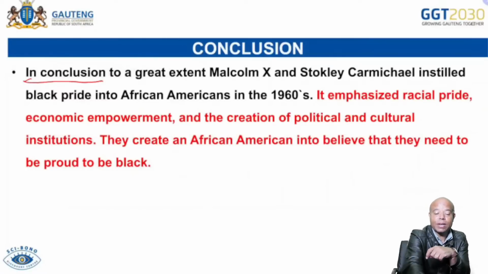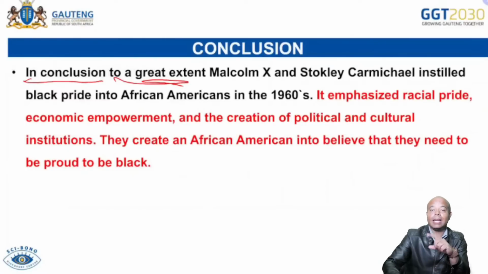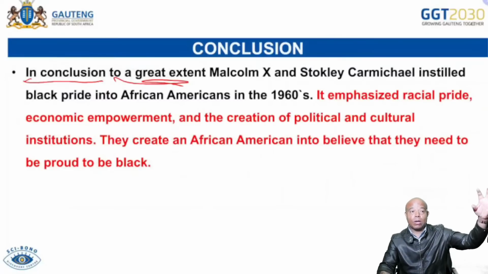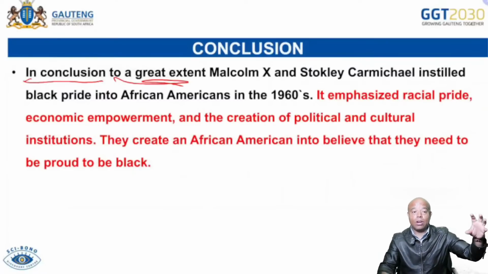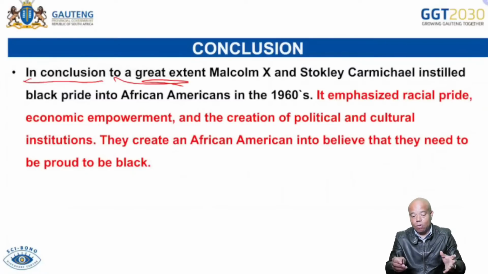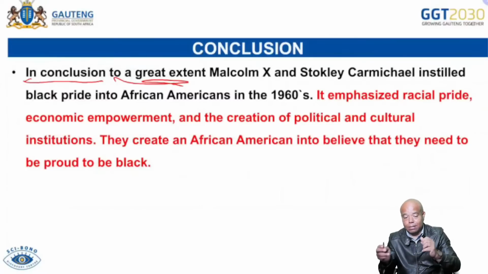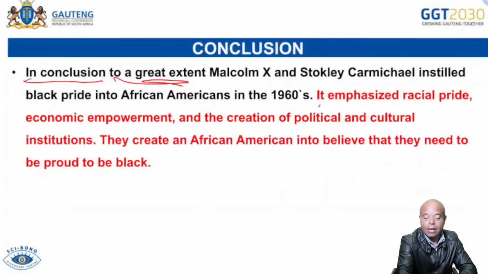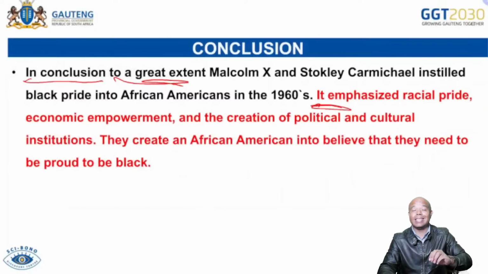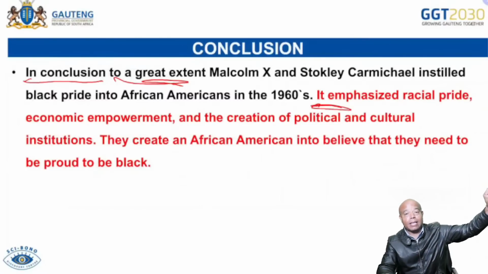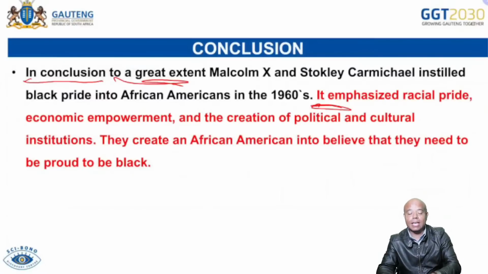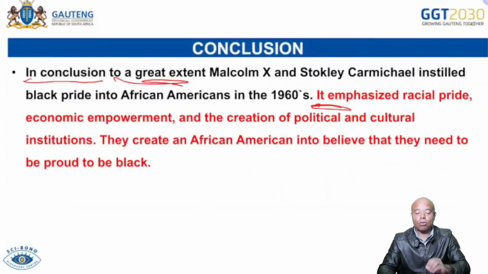But where did we revert back to? To the introduction. So we took what we had in the introduction, and we are ending it off by re-emphasizing why we said to a great extent. Then the reason, we can see it's the same reason utilized in the introduction. We are using it now again in the conclusion.